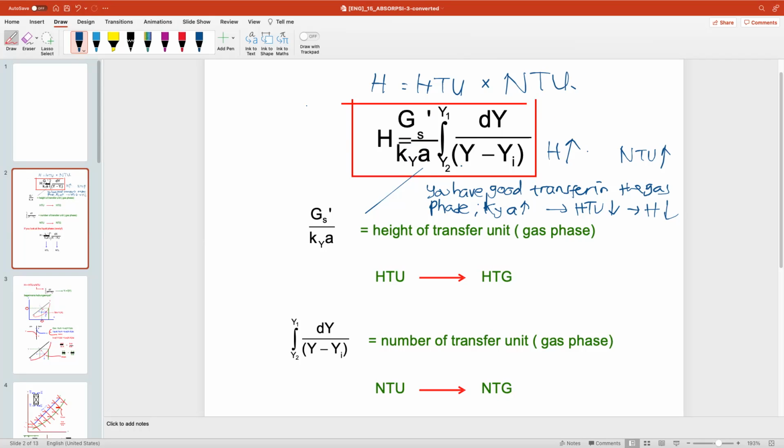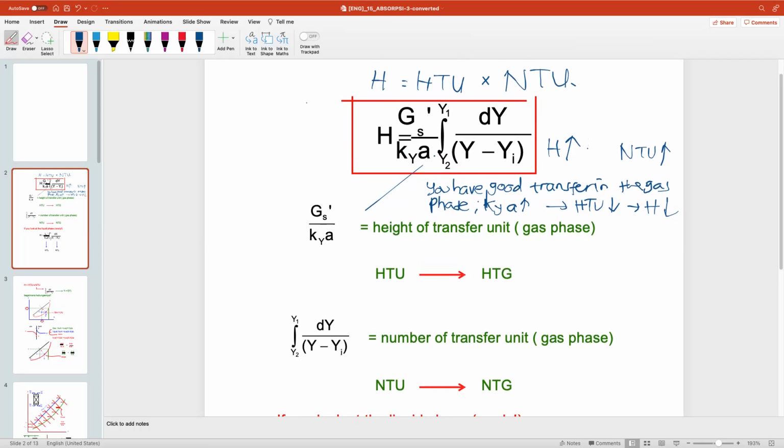For a similar composition, or similar NTU, you will need less height.